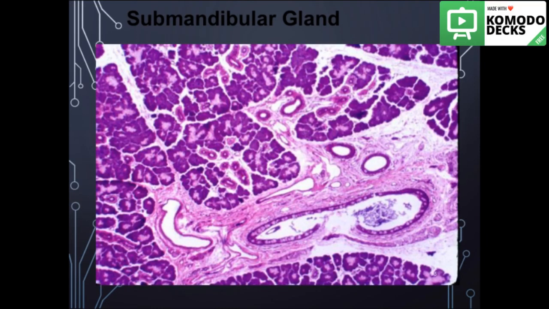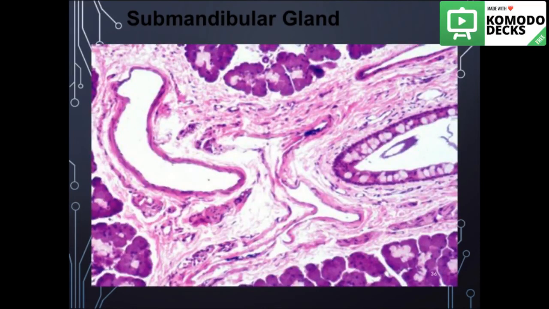Very obvious of the larger collecting ducts where we may have a pseudostratified appearance and connective tissue around. You can see the smaller striated ducts also. Magnified look of the collecting ducts of the submandibular gland.